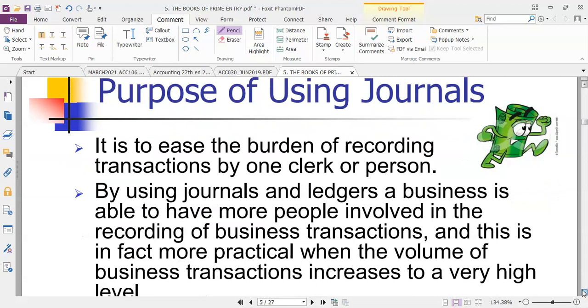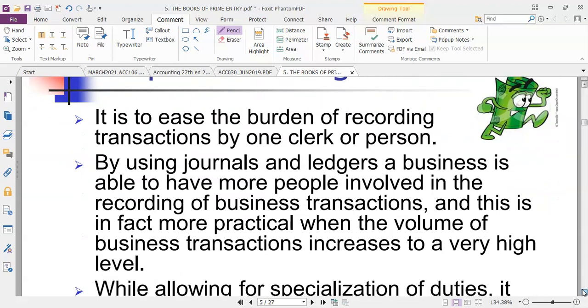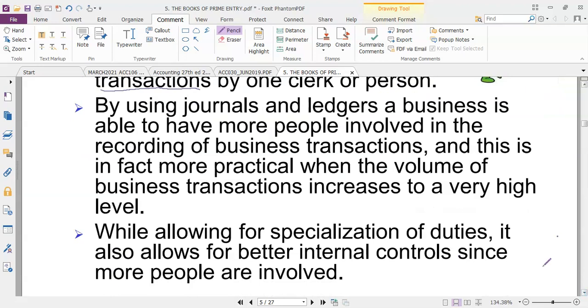This is in fact more practical when the volume of business transactions increases to a very high level.